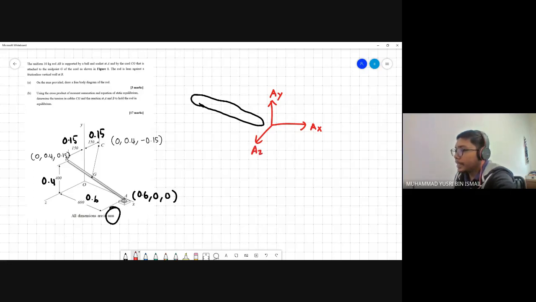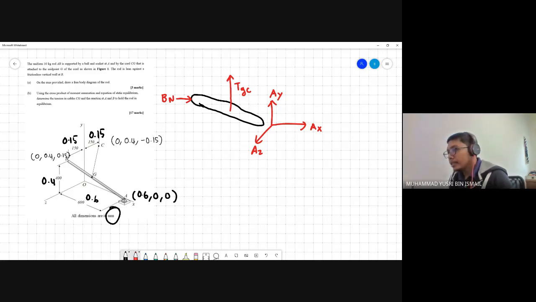And then GC, there will be a TGC. And then at B, there will be a normal force, which I name Bn.